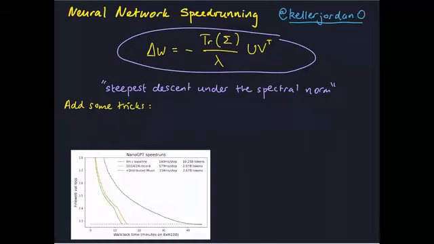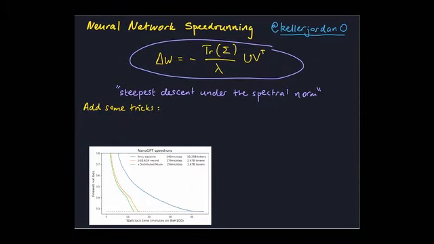I wanted to show you that there's someone on Twitter called Cala Jordan 0 who calls himself a speed runner. He wants to train the neural network as fast as he possibly can.